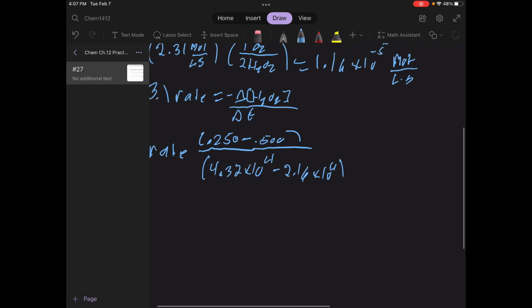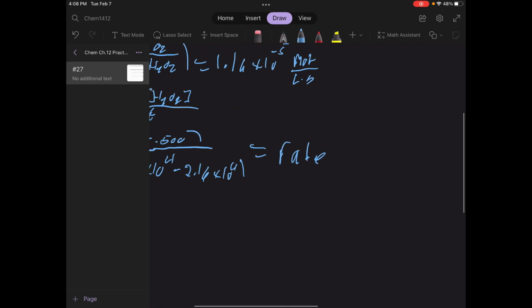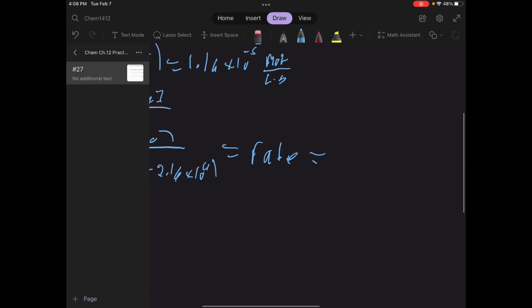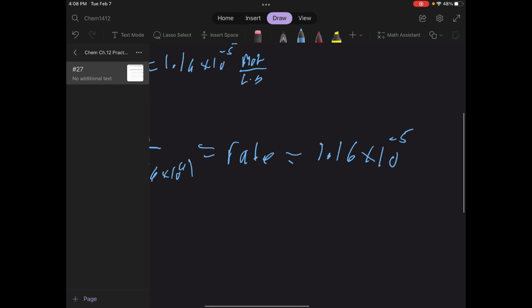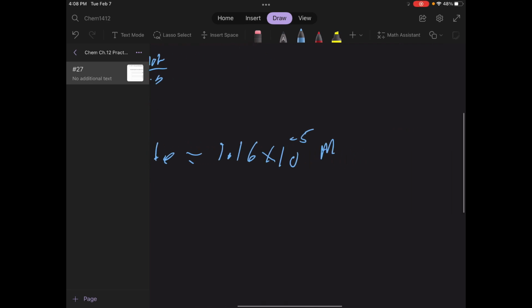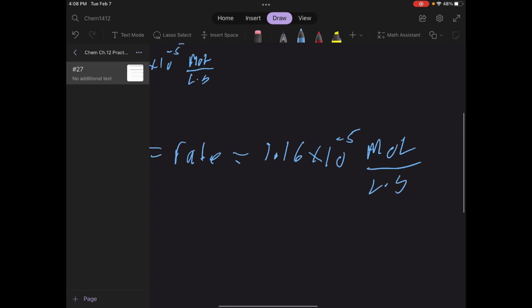Then essentially plugging in our calculator, we get the rate is equal to 1.16 times 10 to the negative 5th mole per liter second.